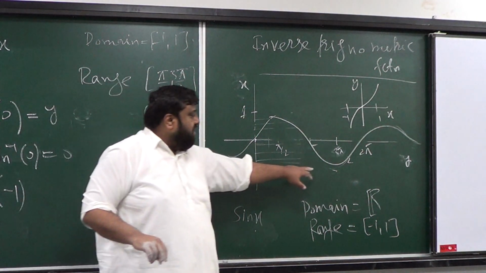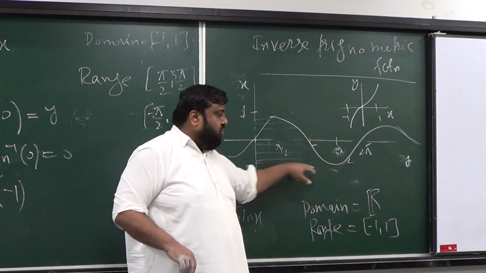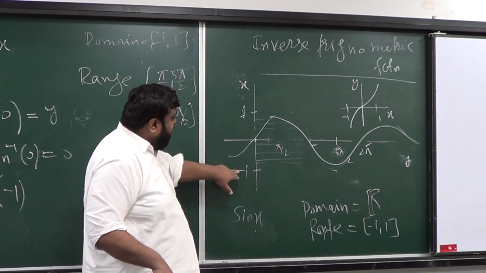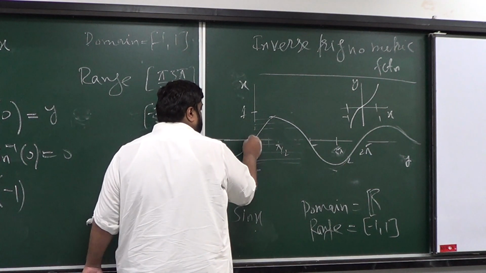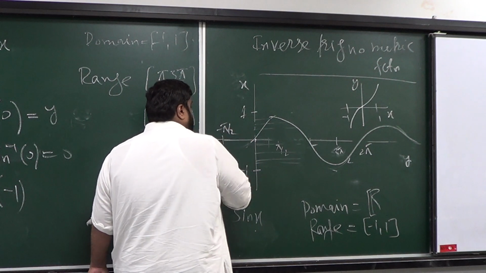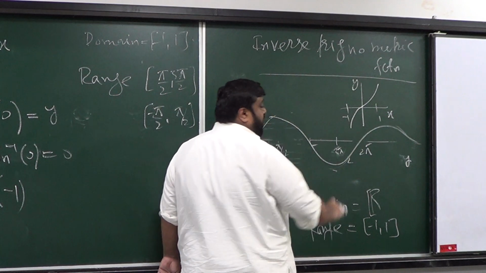For example, you are getting -1 at 3 pi by 2, but you are also getting -1 at negative pi by 2. So if this is pi by 2, then this is 0, then this is negative pi by 2 as well. So you have multiple answers for it.